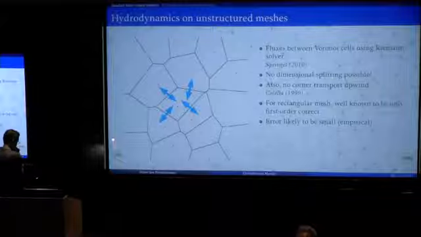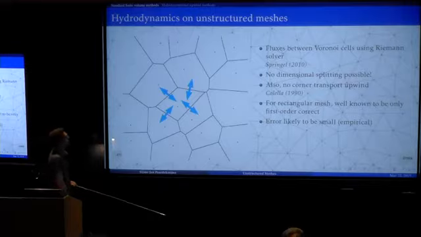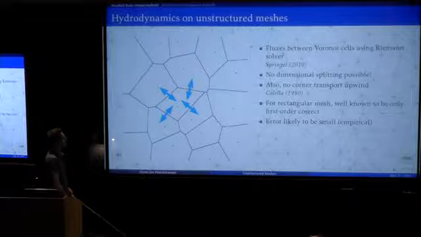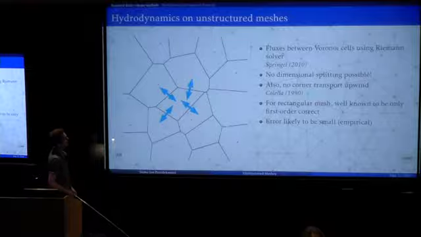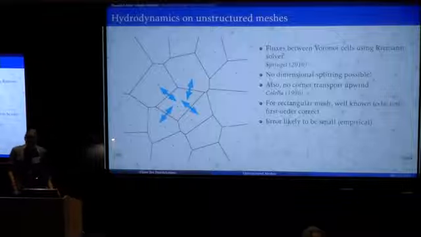So once we establish that unstructured meshes are interesting for the problems where we need very high resolution at very small, limited areas in our computational domain, we need to do some hydrodynamics on it.